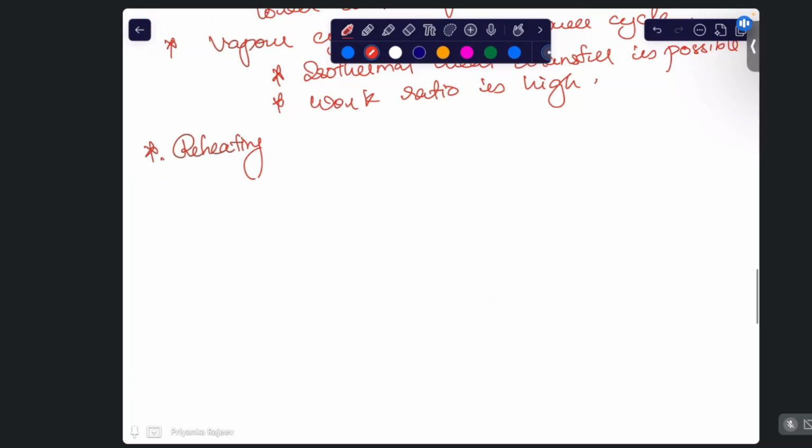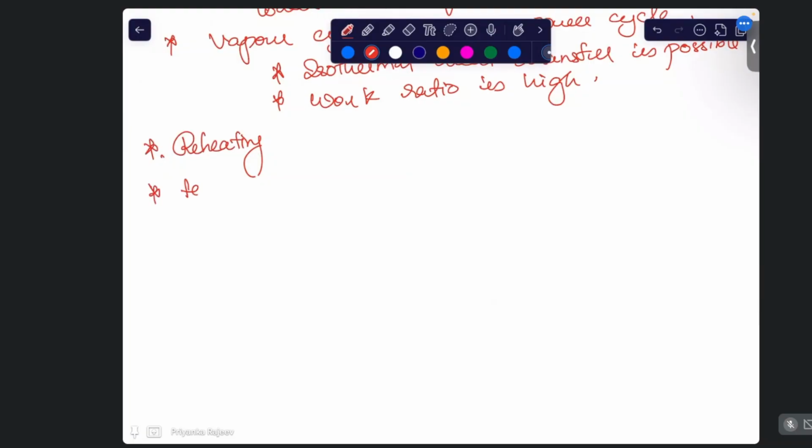Then there is something called feed water heaters. A feed water heater is used to increase the temperature of feed water to saturation temperature corresponding to the boiler pressure before it enters the boiler. Then there is something called bleeding. Bleeding increases thermodynamic efficiency as the heat of the bled steam is not lost in the condenser but is utilized in feed heating.